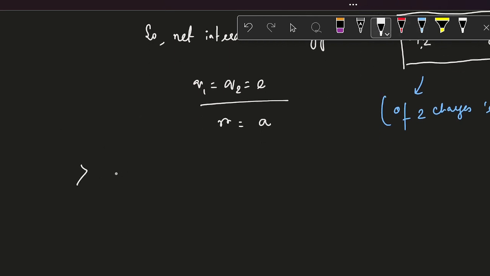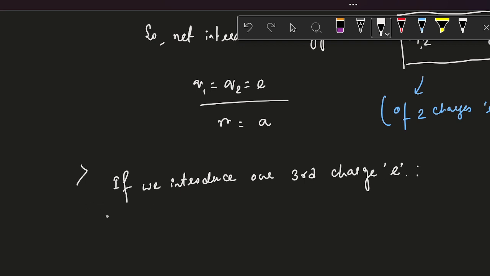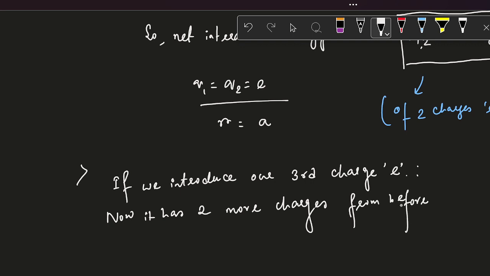Now if you introduce your third particle, third charge E, then what happens is that it has two more charges from earlier, which are charge number 1 and 2 at sites 1 and 2, to interact with, right?